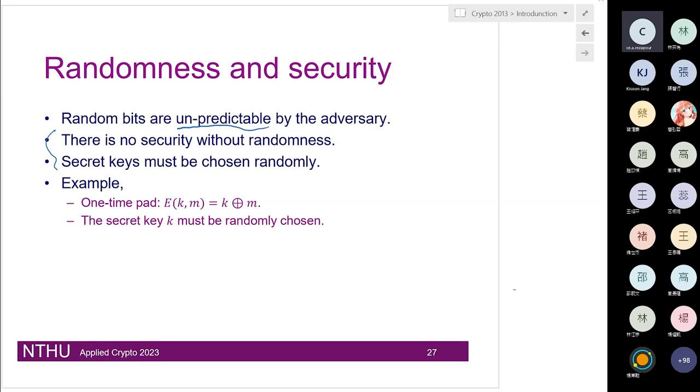We have to draw some attention that in a lot of cases we just say we randomly choose a value, or we randomly generate some bits.